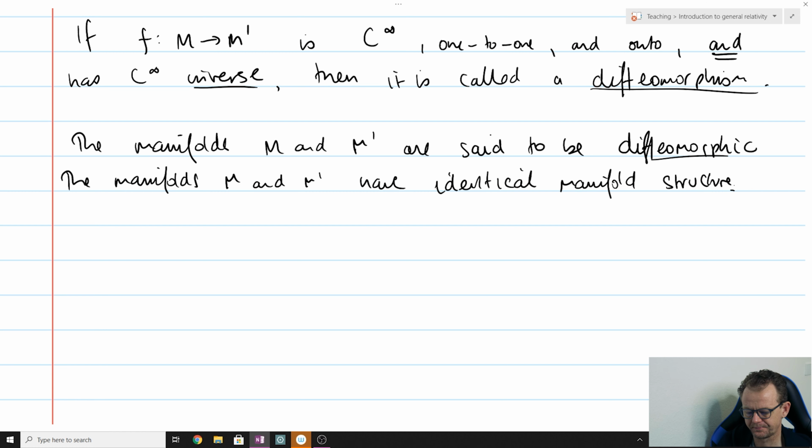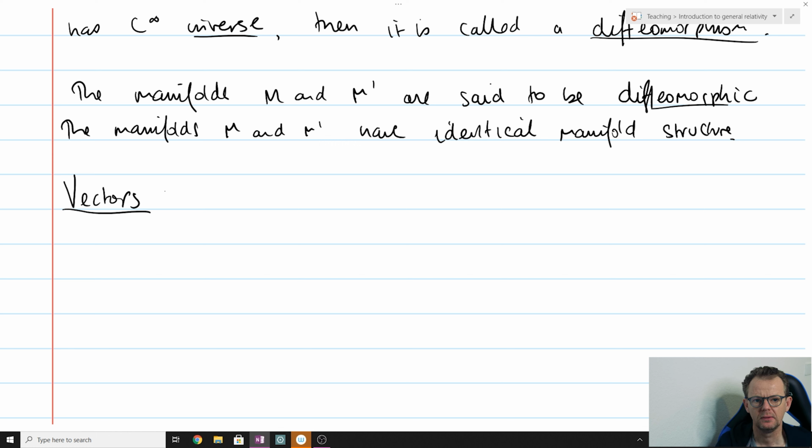Now, so far we've been talking about manifolds, and manifolds are meant to supply us with a more general notion of what it means to be a continua, or an n-dimensional continua. That's all very well and good, but it turns out to do local physics, we want more structure. We're quite greedy, we want to take as much of the structure from familiar Euclidean space and import it into our notion of a manifold.